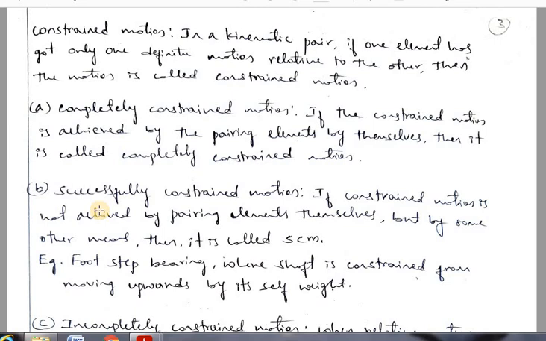This is nothing but when the two elements are constrained by themselves, meaning no external devices are used for constraining them, then it is called completely constrained motion.